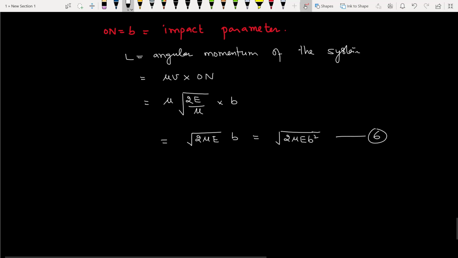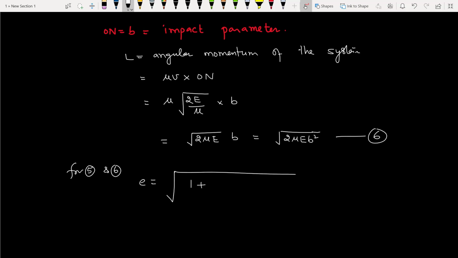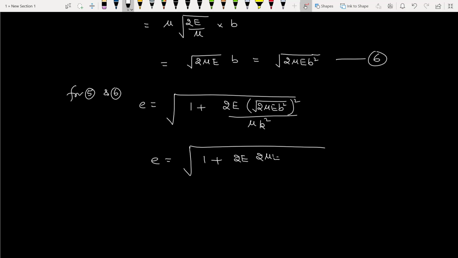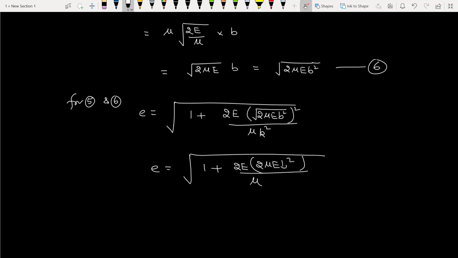So from 5 and 6, eccentricity will come out to be 1 plus 2E into L square, where L square is 2 mu E b square, upon mu k square. So when we solve this, what will we be getting? 1 plus 2E, 2 mu E b square divided by mu, and the value of k square.